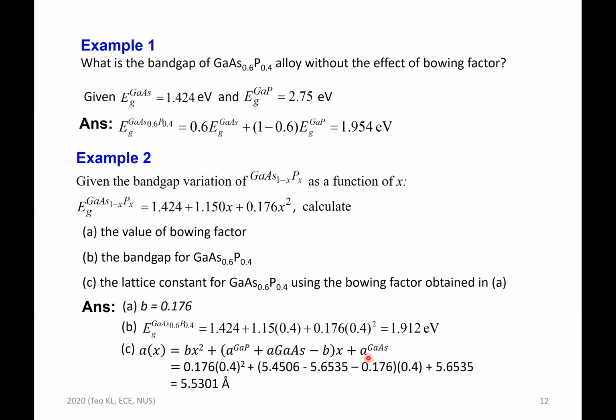And you just plug in the lattice constant value of the gallium phosphide and the gallium arsenide. You'll be able to get the lattice constant of the alloy of gallium arsenide phosphide to be of this value.